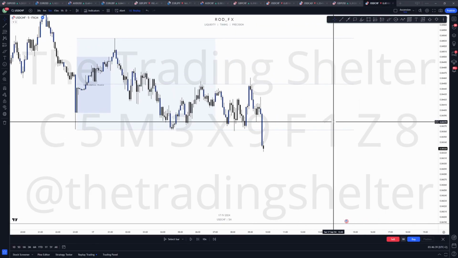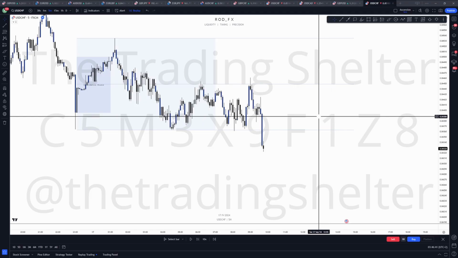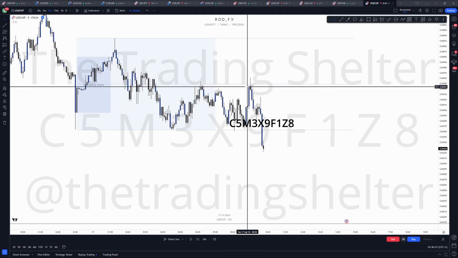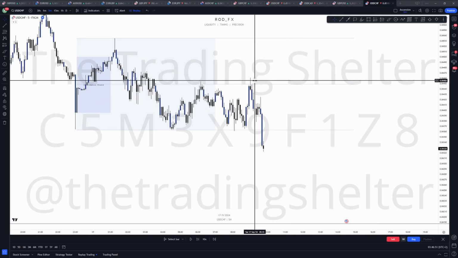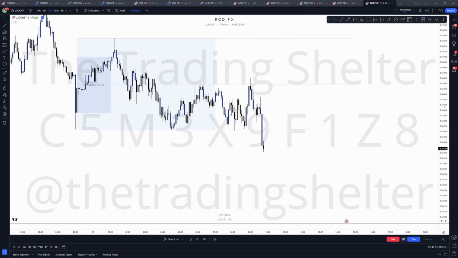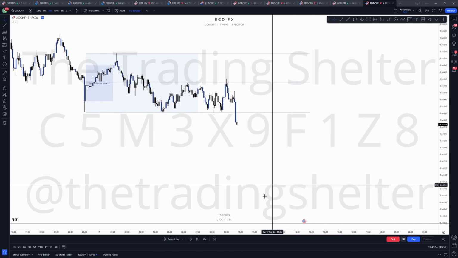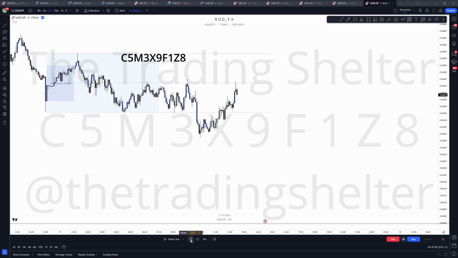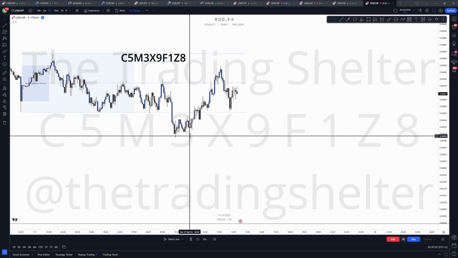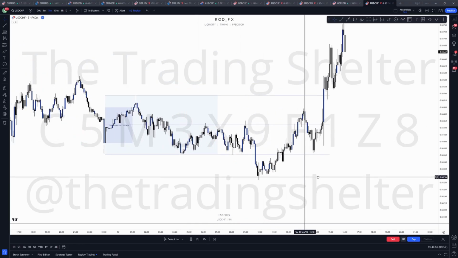How come both of these pairs have similar PA, similar reaction? Is it the same day? No, it's not the same day. But how come both of them will do different things? As you can see, and here, right? Here we go.